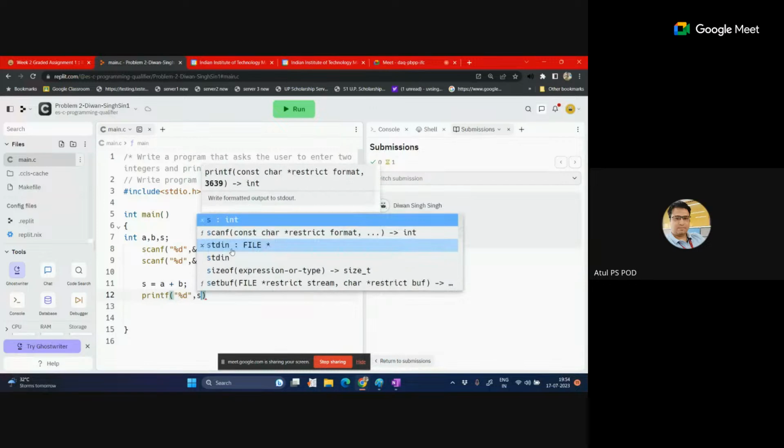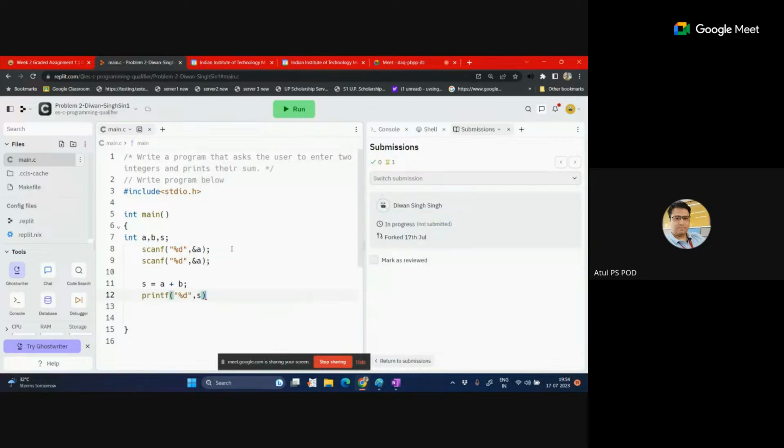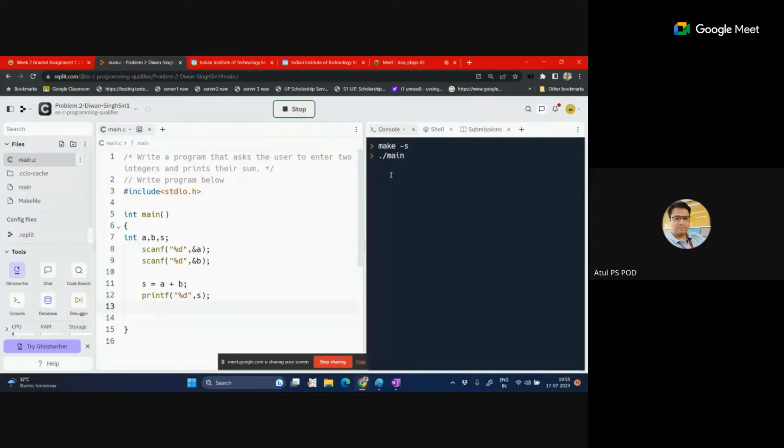Okay, so let's add the semicolon. And I'll change b. Okay, so after that you can run this code and you can validate your answer. So if you are writing 4 and 5, you're getting 9.